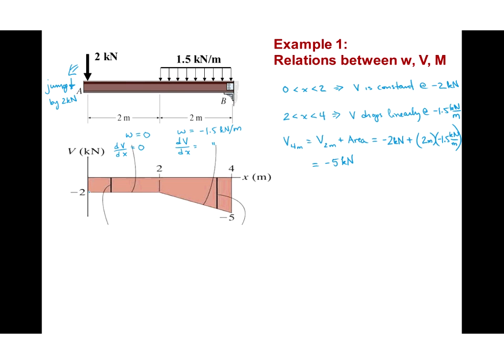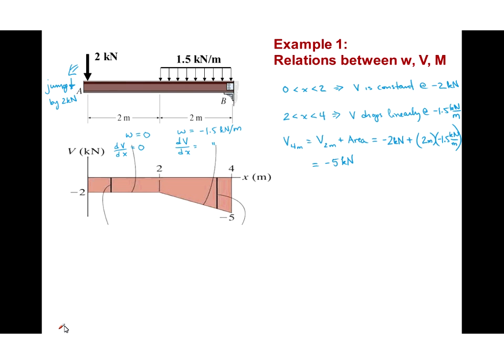Or if we want to look at that graphically, it looks like this. So here we see that, as expected, V starts out jumping down to -2, remaining constant until we hit 2 meters, and then dropping linearly down to a final value of minus 5 kilonewtons.